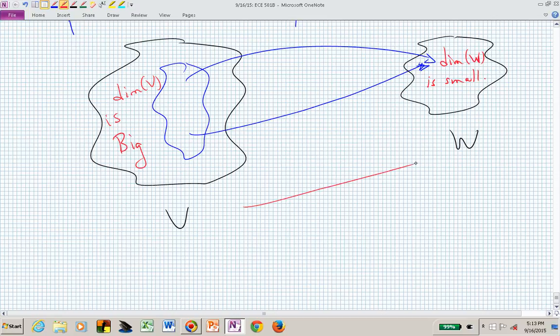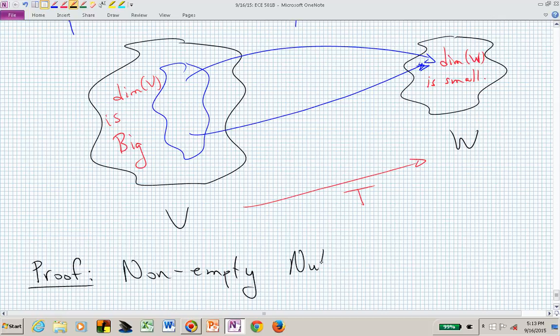Where now we're mapping this with this linear map T, the proof actually can rely on that theorem, but really what this is saying is when we go from a big vector space to a small vector space, we actually have a non-empty null space. And you've seen what happens with a non-empty null space. We can pick many different vectors in the domain and end up at the same location in our codomain.